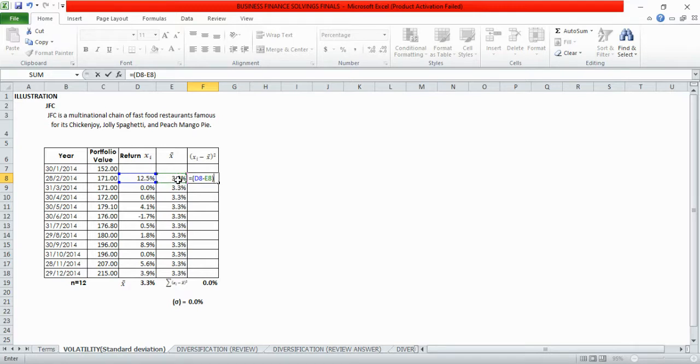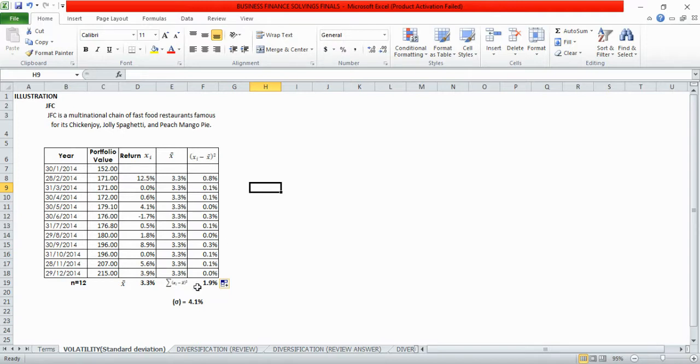And don't forget to use this symbol that represents squaring a number or raising a quantity to any exponent. So that's how it goes. This is the answer. So again, just drag so that you will copy the formula to the remaining items.